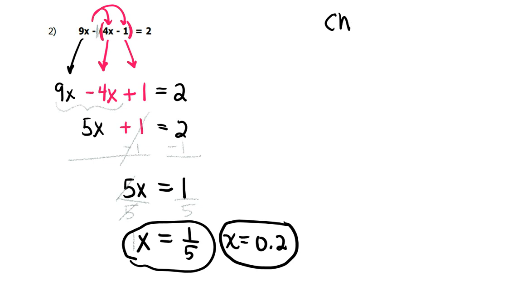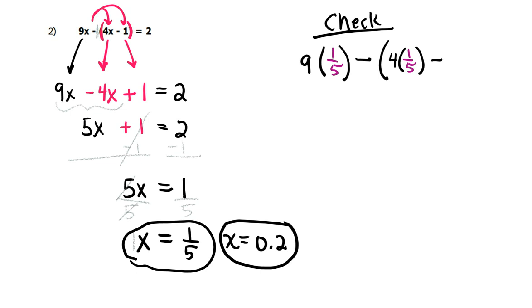But if I wanted to check this problem, I would take 9 times the 1/5, and then, whoops, sorry, I meant to go with a black pen there. 1/5, and then minus, inside it would be 4 times the 1/5 minus 1. And the big question is, does that mess equal a number 2?